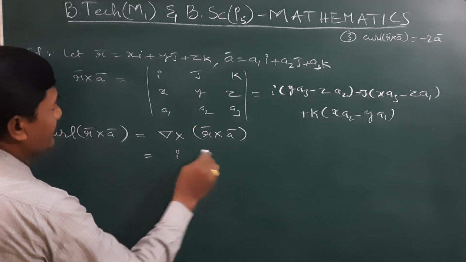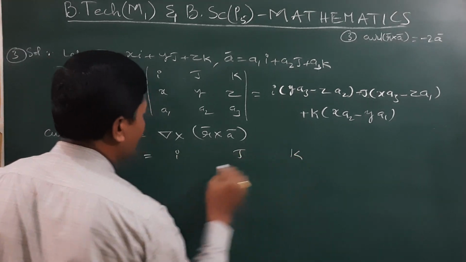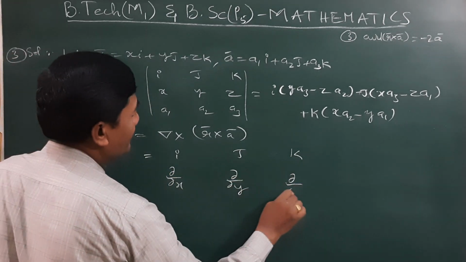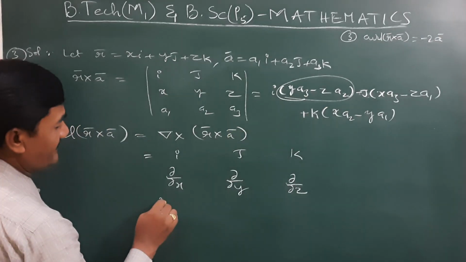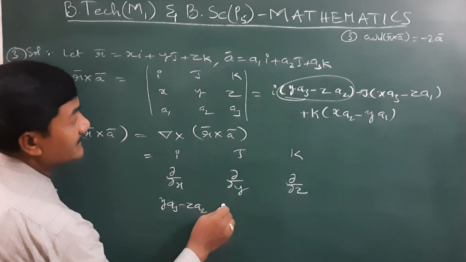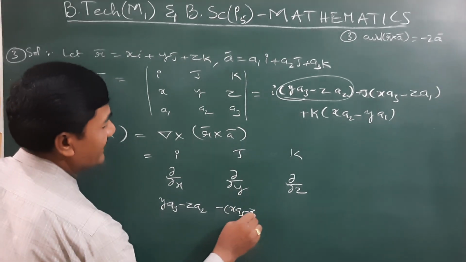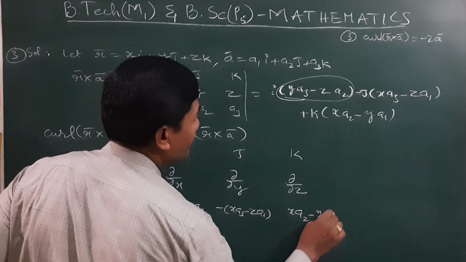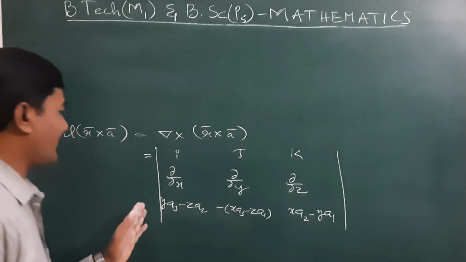So it is nothing but the determinant of i, j, k, ∂/∂x, ∂/∂y, ∂/∂z, and then f1, which is y a3 minus z a2, another is minus of (x a3 minus z a1), and x a2 minus y a1. This is the determinant only. We can expand this one.